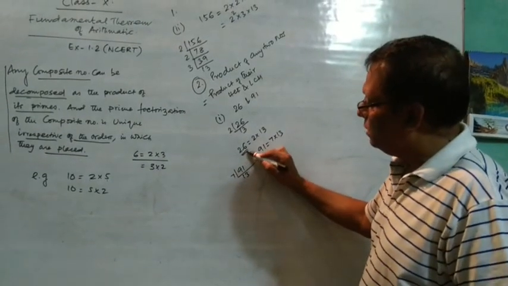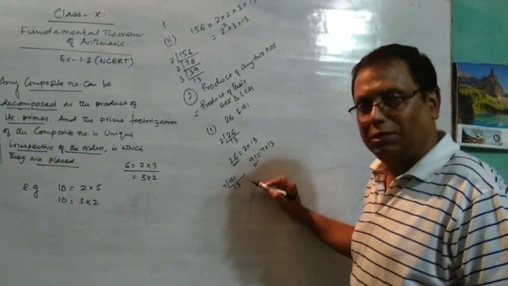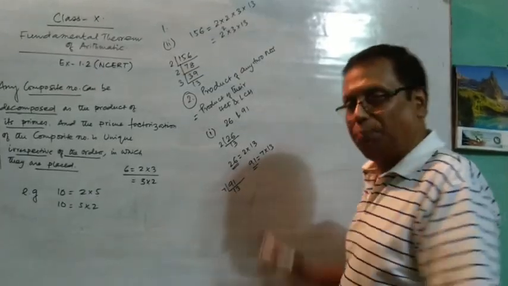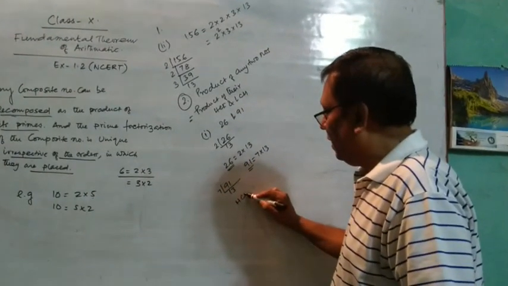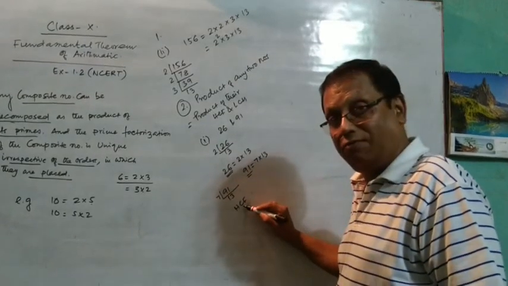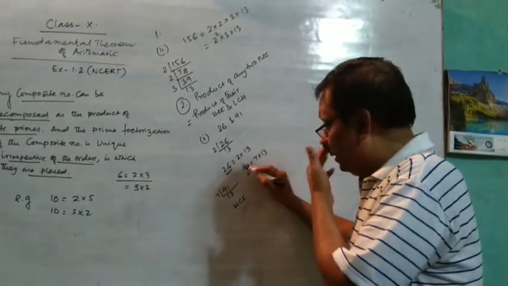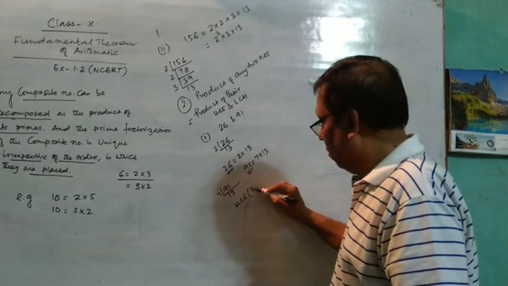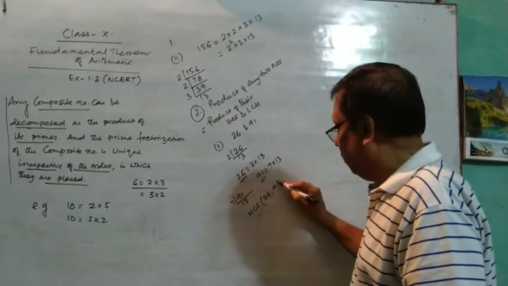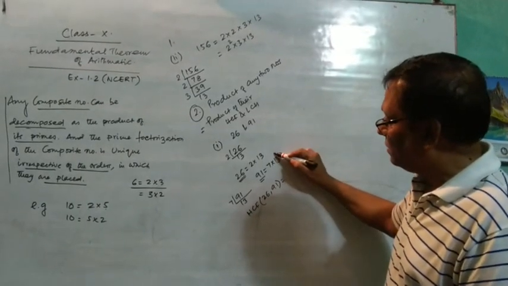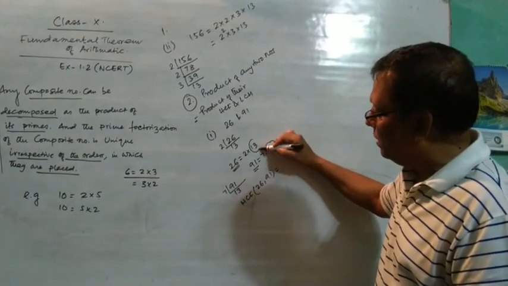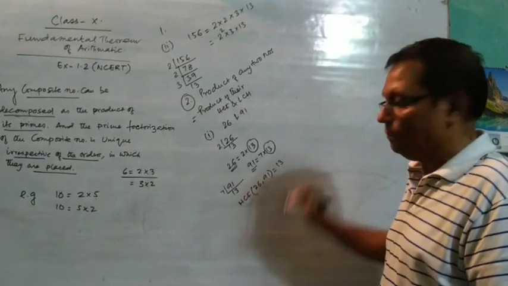So this composite number 26 and this composite number 91 are split. Now what we have to do? We have to find out the HCF, highest common factor. After doing the prime factorization of 26 and 91, we will find out the HCF. HCF is the factor which is common in both, that is 13.